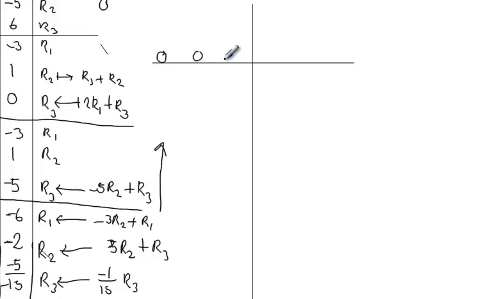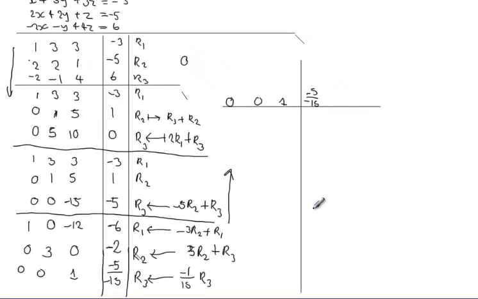exactly as it is, and the minus 5 over minus 1, 5, 15. And then we're going to copy our row, sorry.